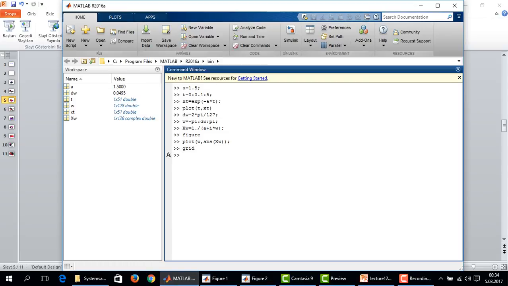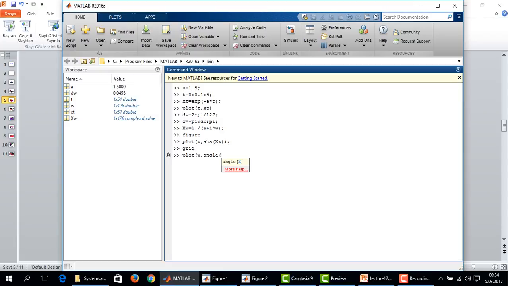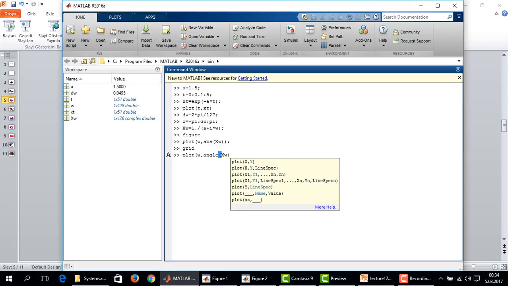Next, I wanna plot the phase spectrum of x omega. For this, it's sufficient to just write plot omega and angle of x omega.